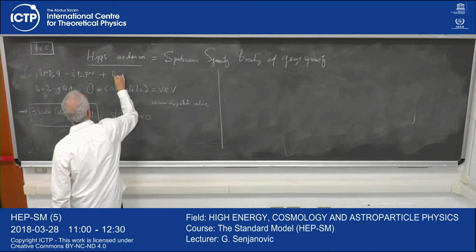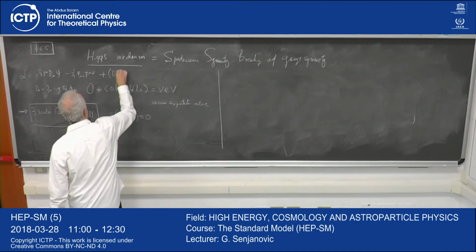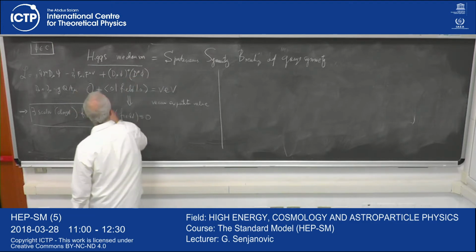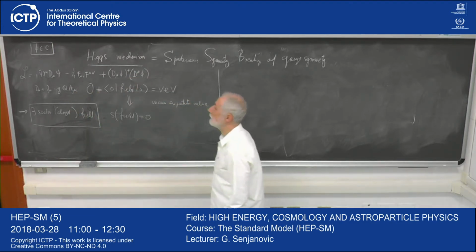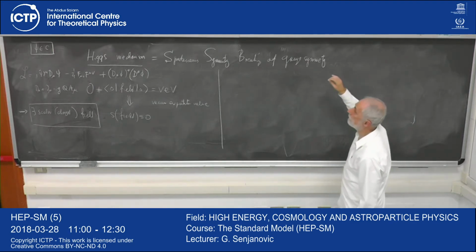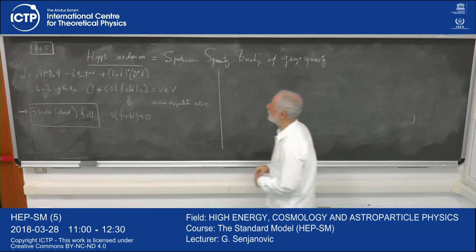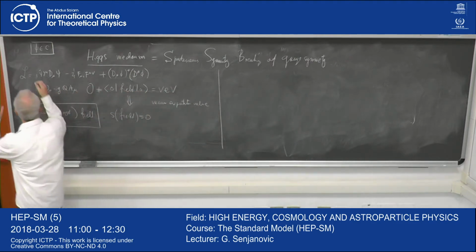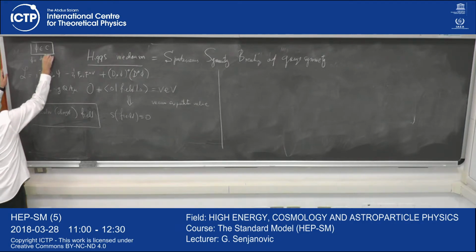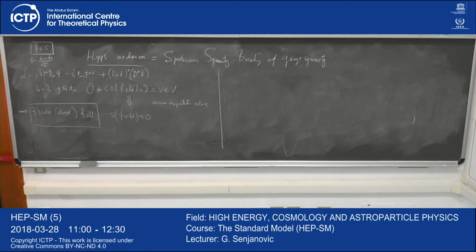So there will be d mu phi dagger d mu phi. I don't put a factor of half because I can write phi as phi 1 plus i phi 2 over square root of 2, so the factor of half will come out.